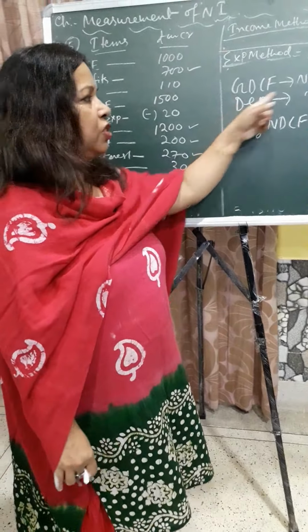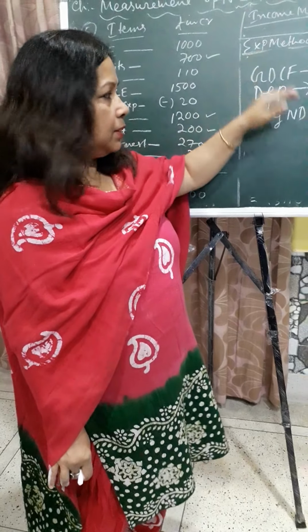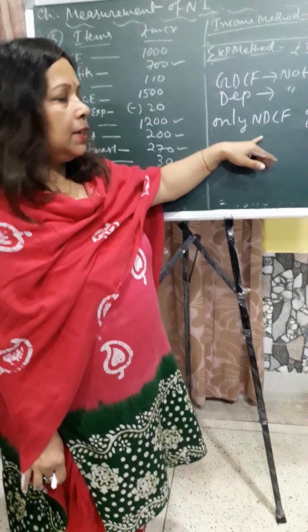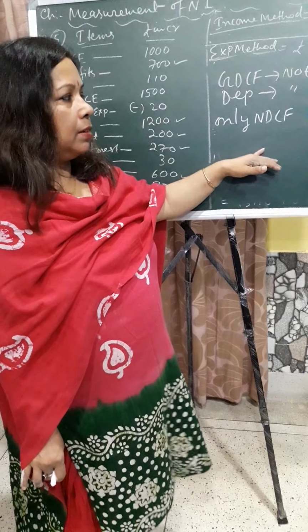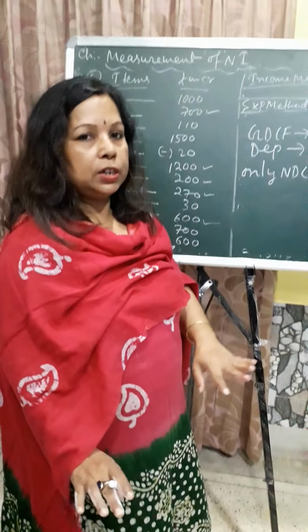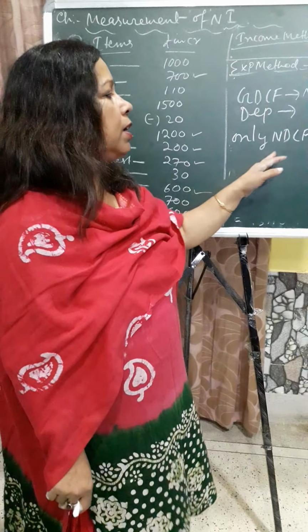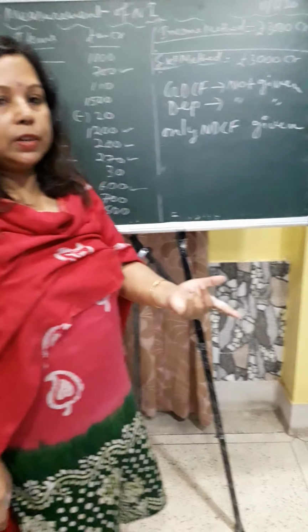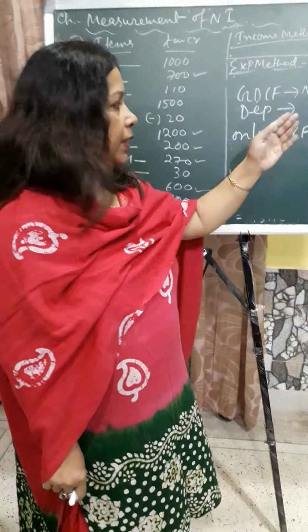So how to calculate national income in the expenditure method? This is a very important thing. It may happen in examination also: GDCF not given, depreciation not given, only NDCF given. So how to calculate NI? There is also a process to calculate it.